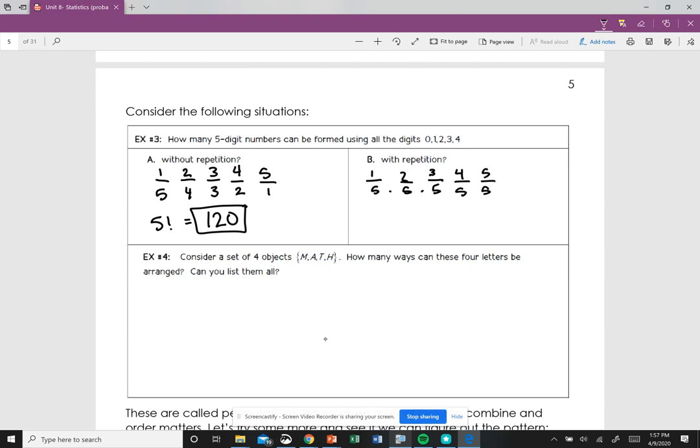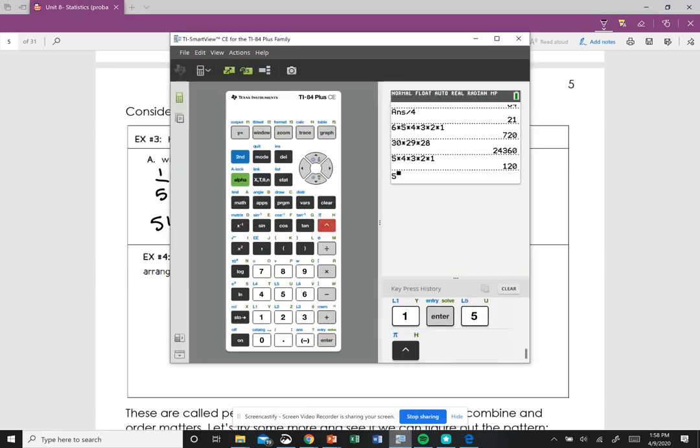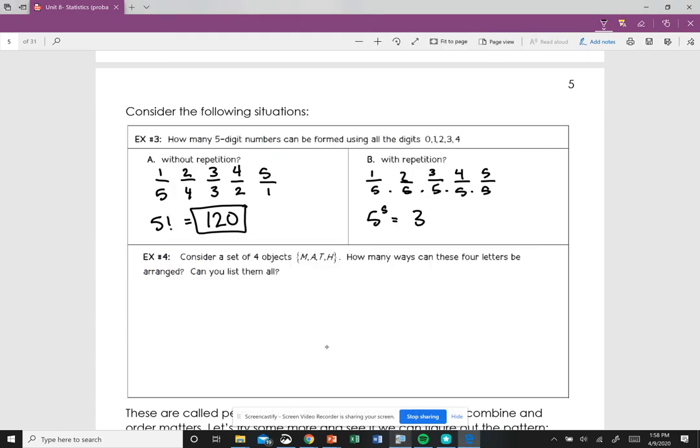So you do 5 times 5 times 5 times 5 times 5. This is really just 5 to the 5th, which is easier to plug into my calculator. So I'd pull out my handy dandy calculator and do 5 to the 5th. And I get 3,125. That's a whole lot of numbers.